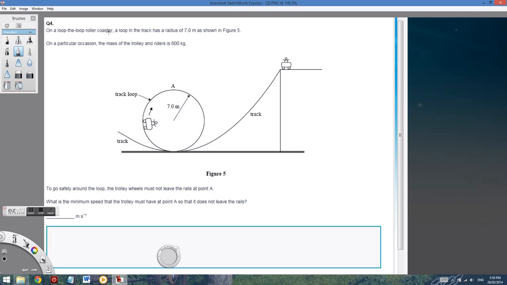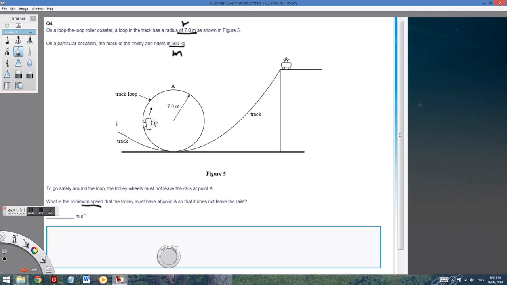Now this is a roller coaster. We have a radius of r, and I have a mass. What's the minimum speed? Again, it's a similar thing, but a different scenario.